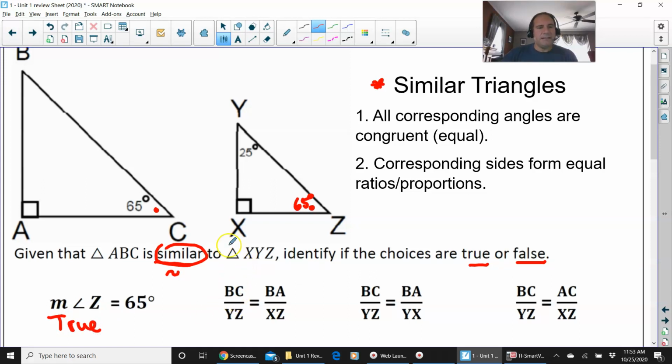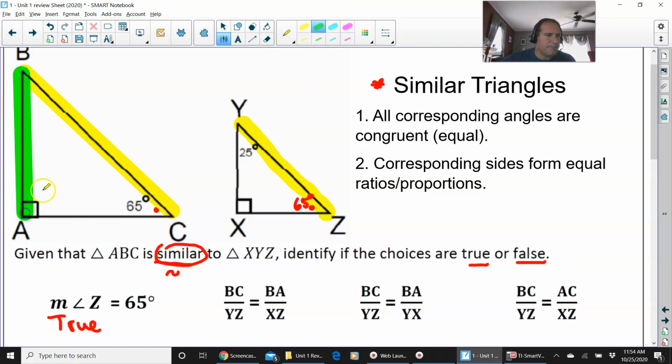Let's see if BC, and I'm going to get my highlighter out, BC over YZ. Okay, so far we're okay because we matched the corresponding sides, BC over YZ, and then BA, right, is here, over XZ.